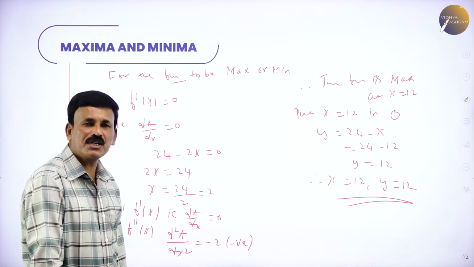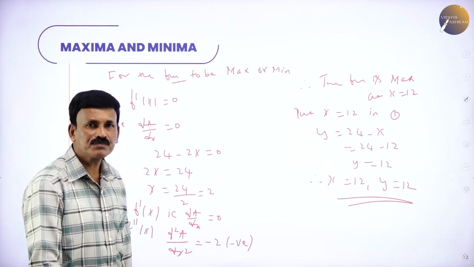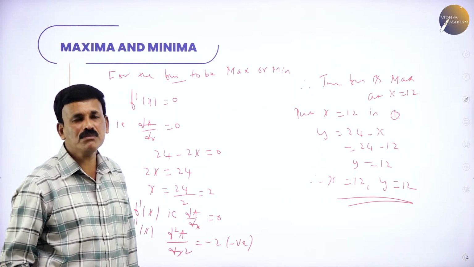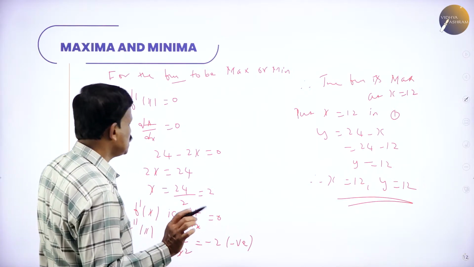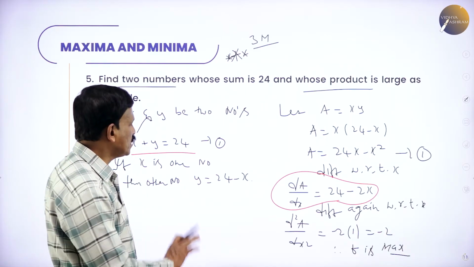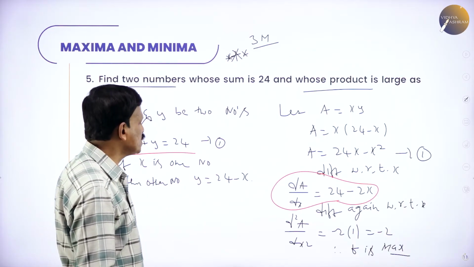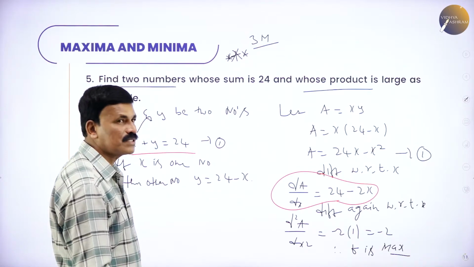If we add 12 plus 12, the sum is 24. If we multiply, the product is 144, which is the maximum value. Followed? This is how we are going to find. Very easy and very important problem. So by differentiating, we get dA by dx is 24 minus 2x and d square A by dx square is equal to 2 into 1, that is minus 2.